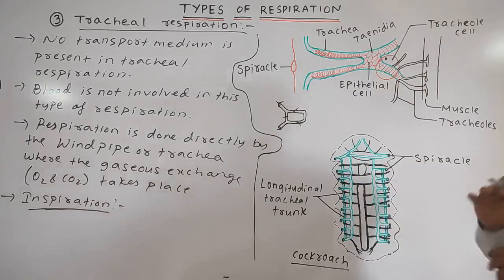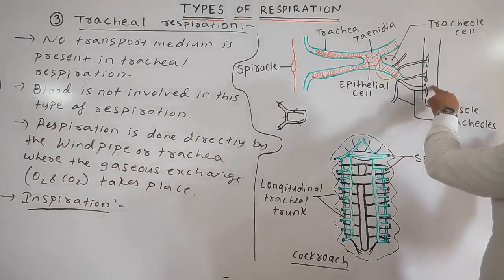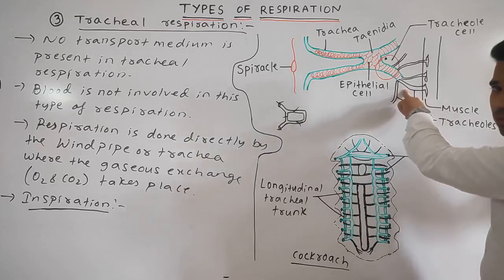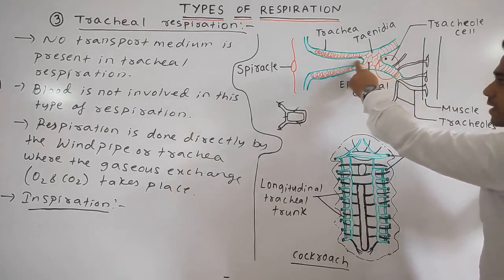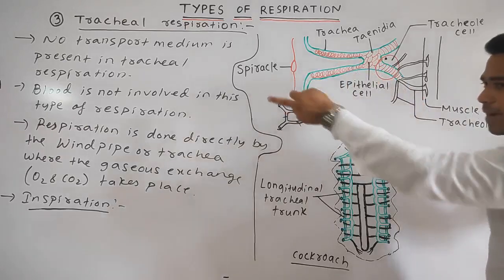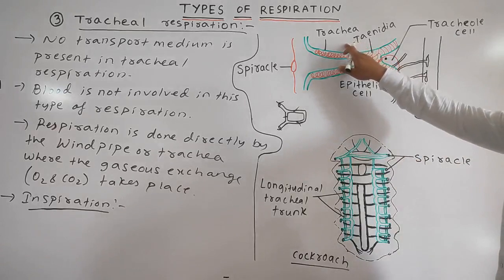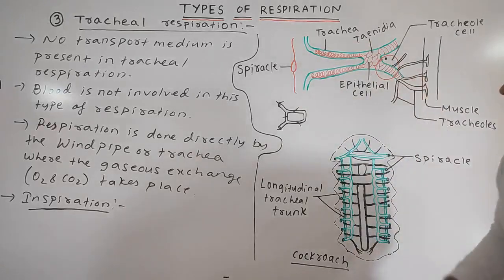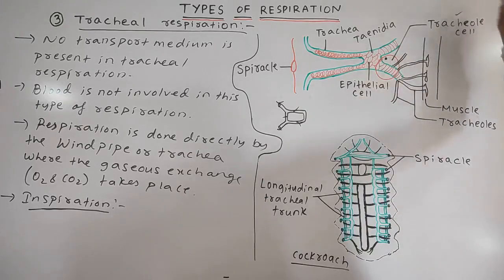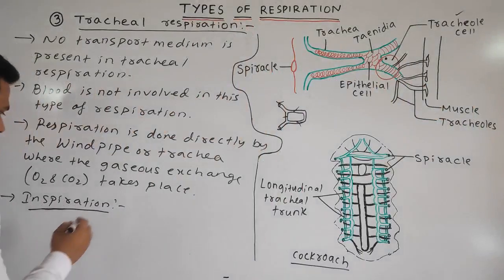Vice versa, carbon dioxide is produced as the byproduct. The carbon dioxide enters the tracheoles, then the trachea, and is released outside through the spiracles. One point you should remember: from the trachea into the tracheole, it passes through the tracheal cell. You always remember.